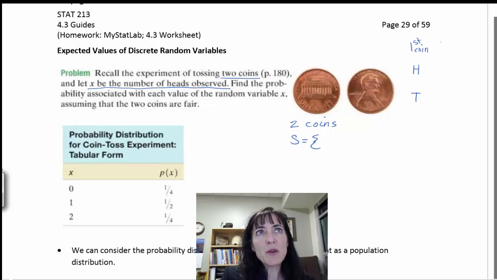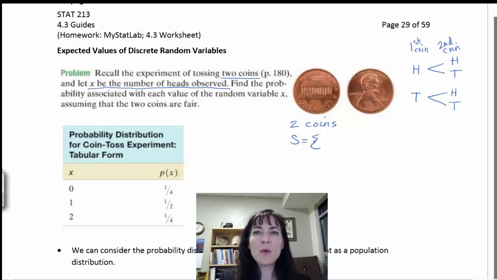For my second coin, it's still heads, tails, but I can pair it with the possibilities for the first coin. So it could be either heads or tails. And for my second option here, it could be heads or tails as well. So my second coin is going to be heads or tails, but I need to pair it with the two possibilities for my first coin of heads or tails.